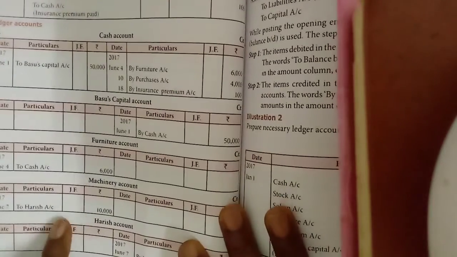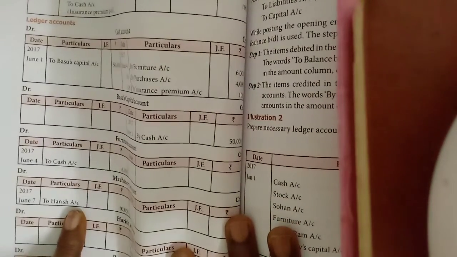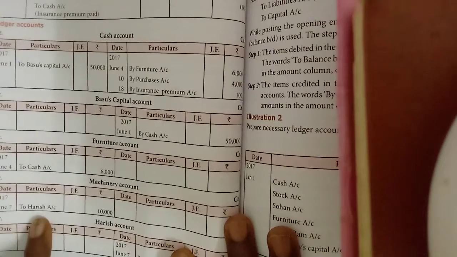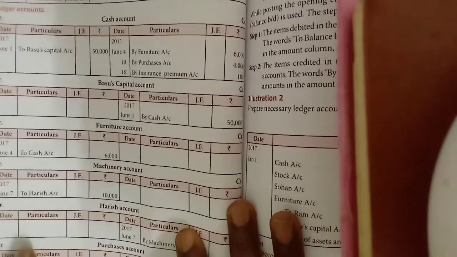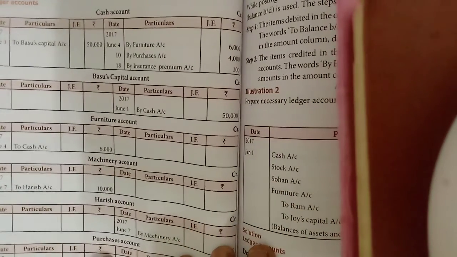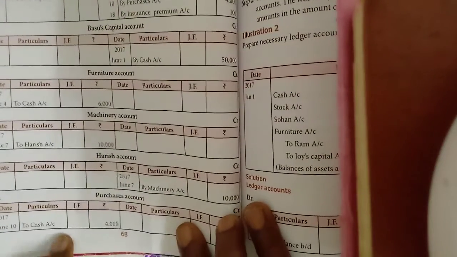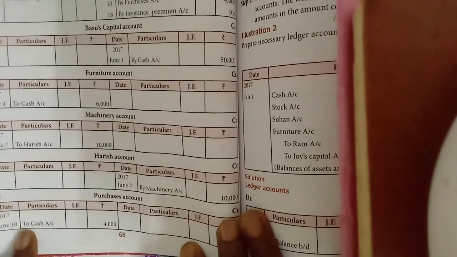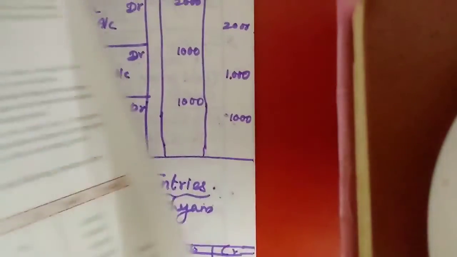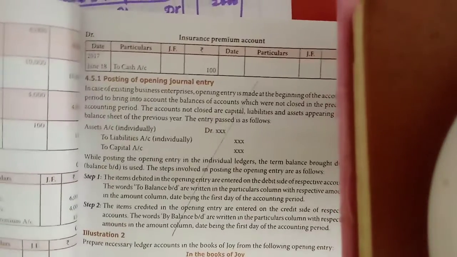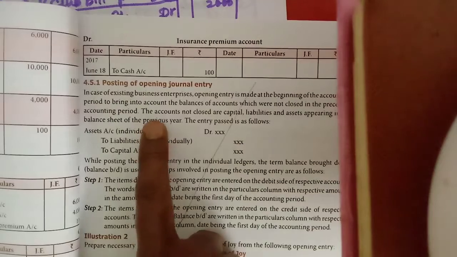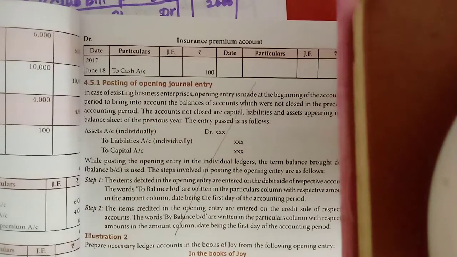Then machinery also debited, so debit side to Harish account. Then Harish account is credited, so credit side by machinery account. Then purchases is debited, so debit side to cash account. Then one more thing, the last one, insurance premium account, that is debited, so debit side to cash account.